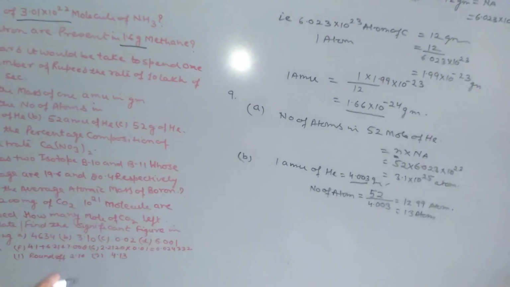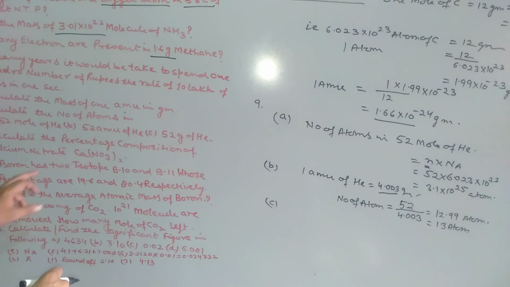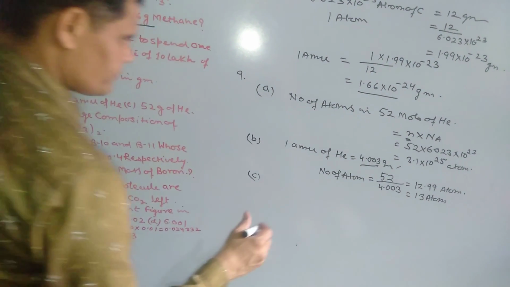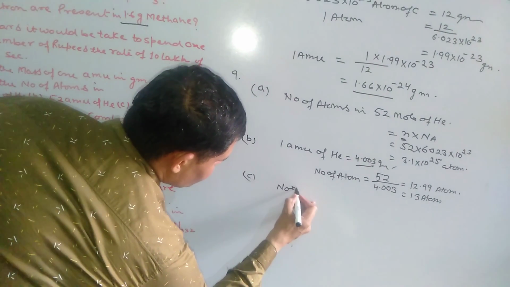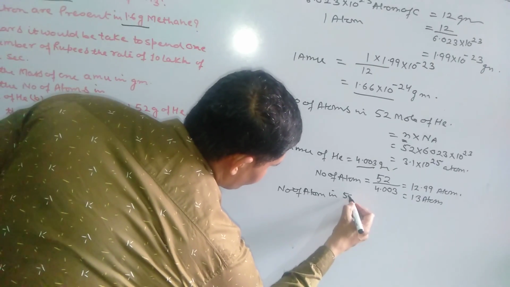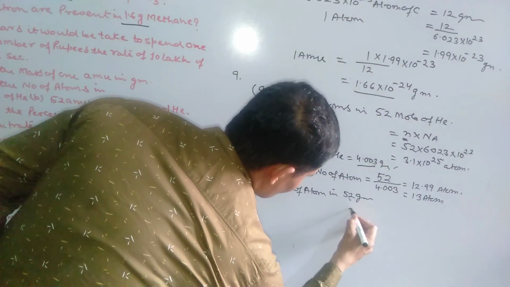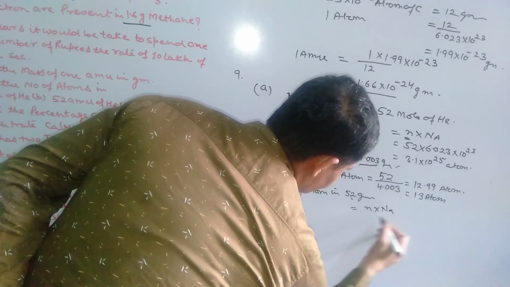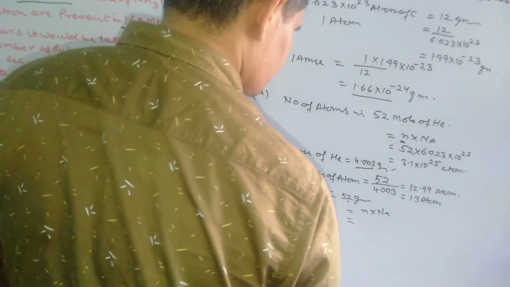Next one, part C. The number of atoms in 52 gram. Number of atoms in 52 gram will be equal to N into Na. The formula is same, N into Na.